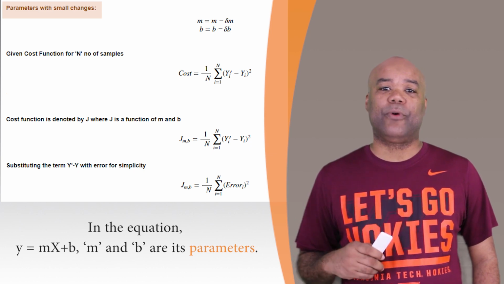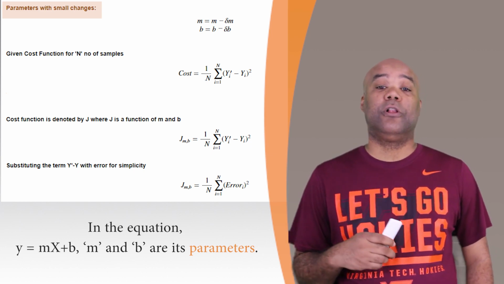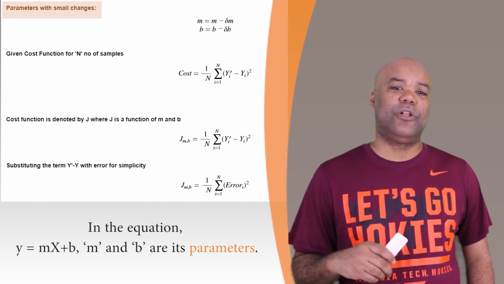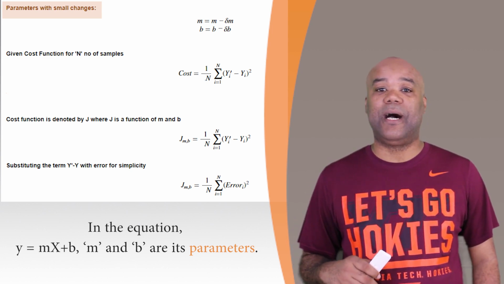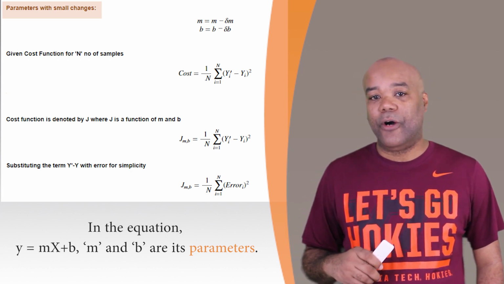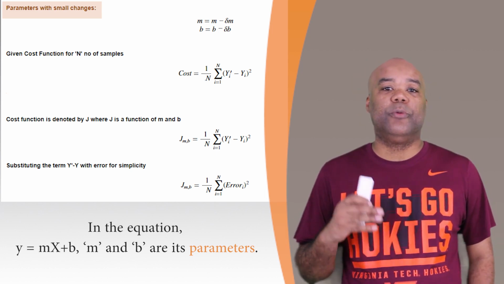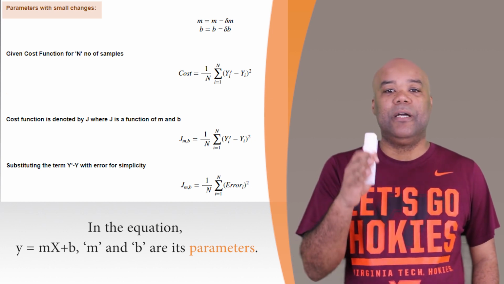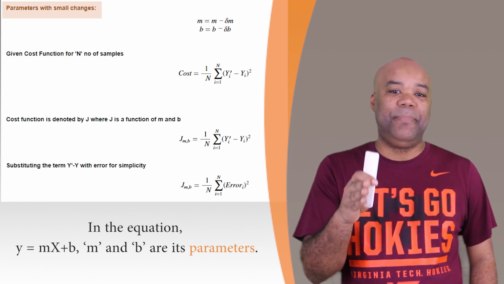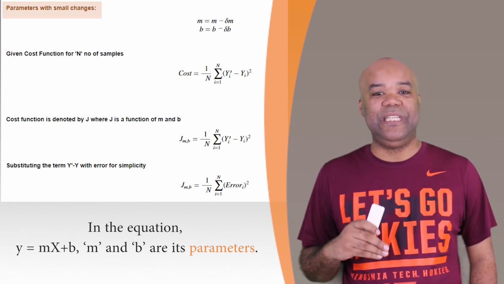During the training process, there will be a small change in those values. Let that small change be denoted by d, as in delta. The value of parameters will be updated as m equals m minus dm and b equals b minus db, right?